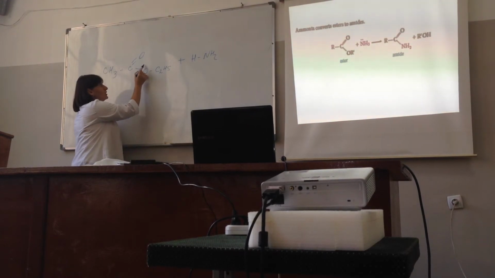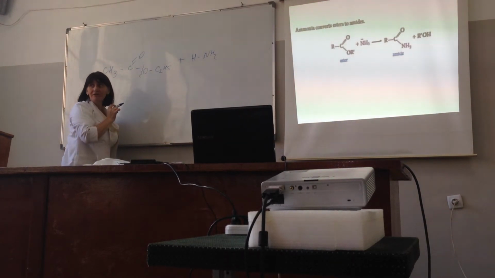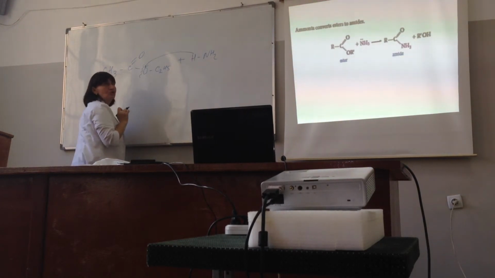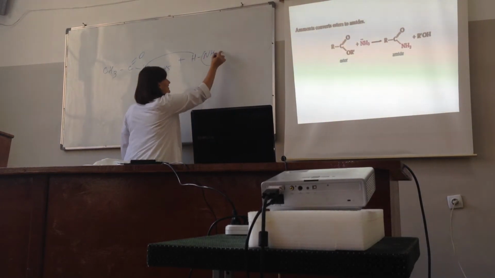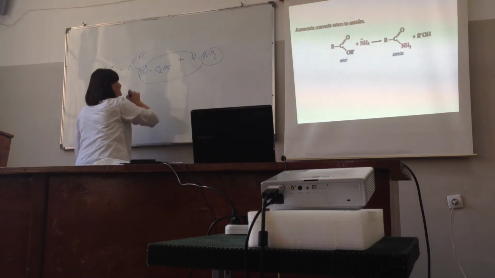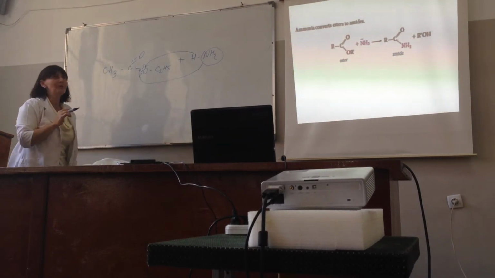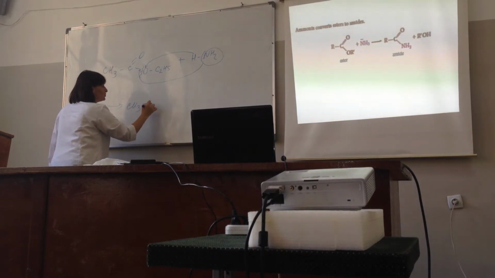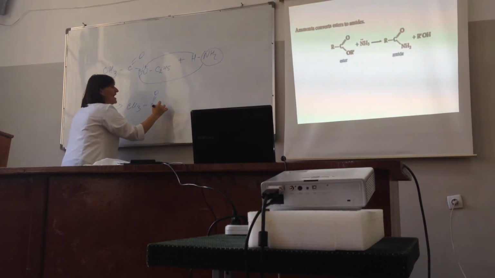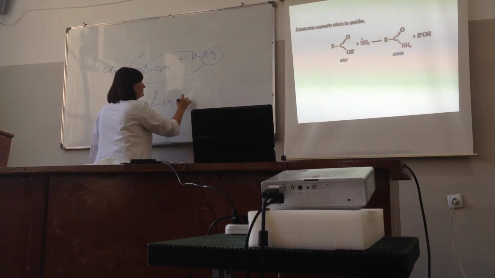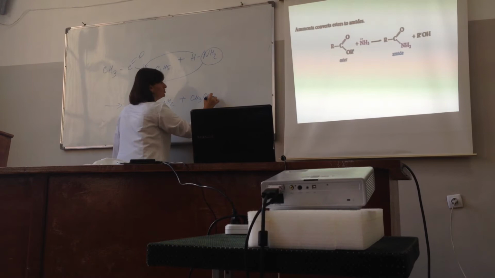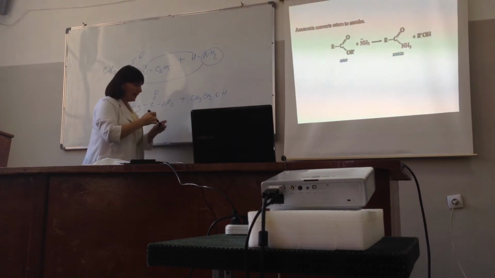Now, look, this part is your leaving group. H from ammonia always goes to this part, and this part goes instead of your OC2H5. So, what will be the product of this reaction? CH3CONH2 plus CH3CH2OH.